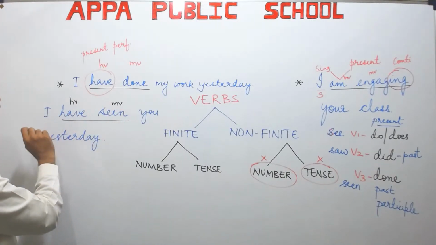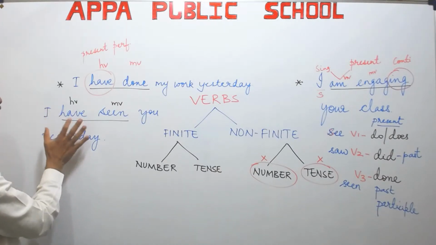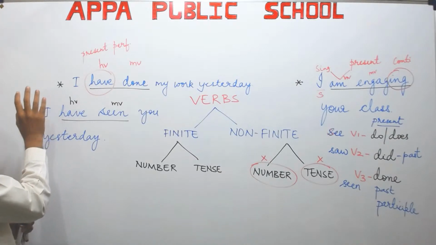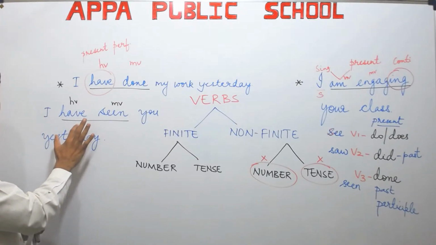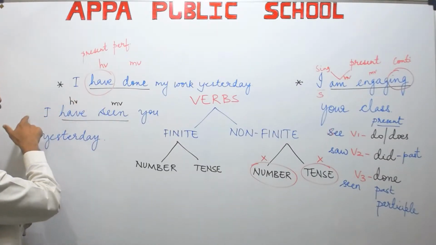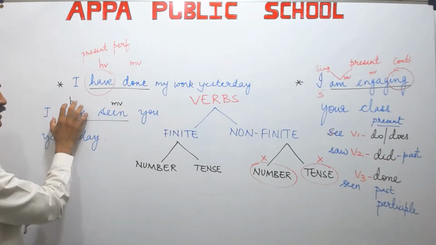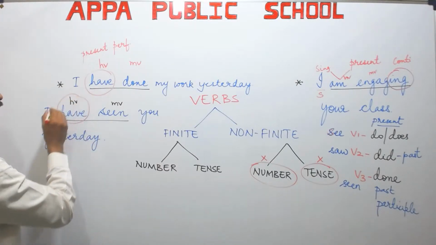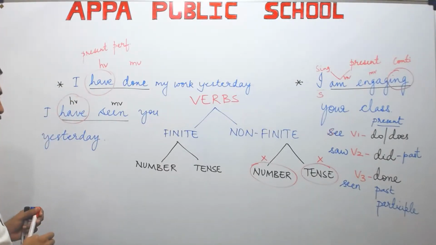For example, he has seen you yesterday. So if I take it as he has is defining the subject, right? Even with person, first person, second person, third person, even that also gets defined by the verb that we use next. Okay, seen doesn't define. So seen will be seen whether the subject here is he or I, right? So that tells you that this perfect tense is again a finite verb. Okay, it's a finite verb and seen becomes a non-finite verb.